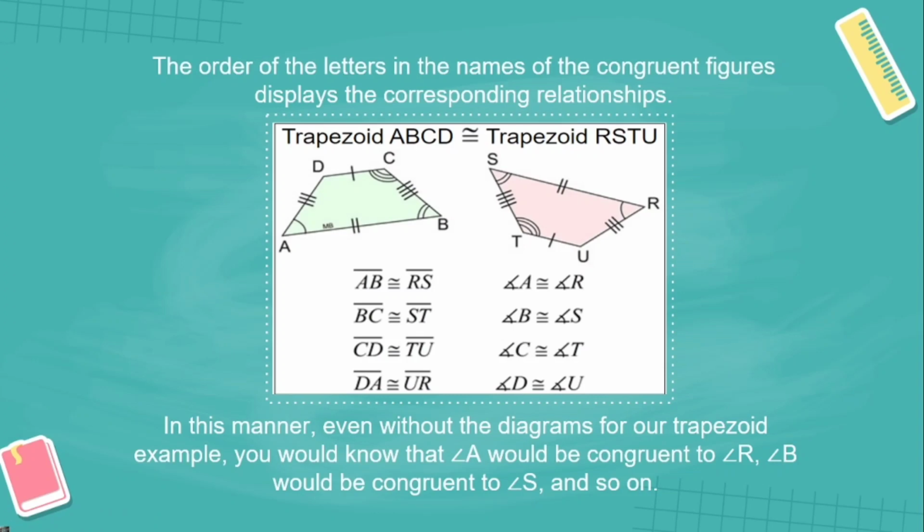In addition, line segment AB is congruent to line segment RS because these segments are in the same position in each trapezoid's name. So AB and RS. That means CD and TU are also congruent, and so on.